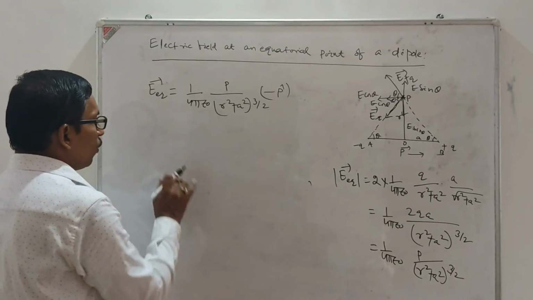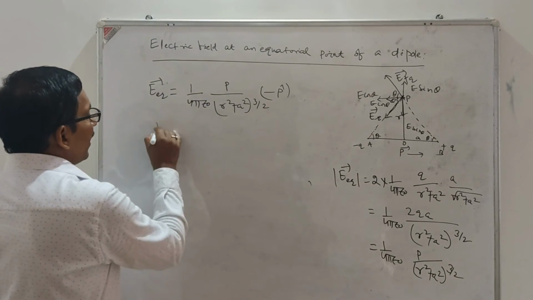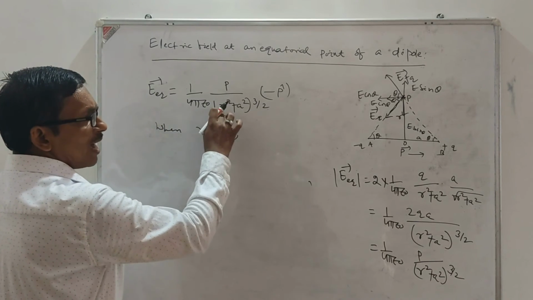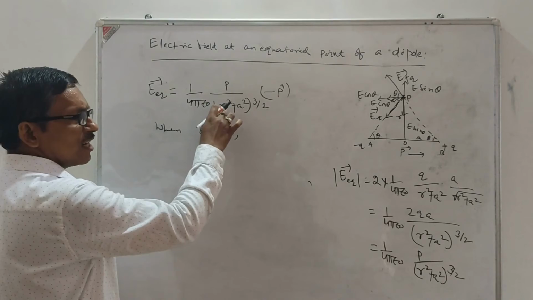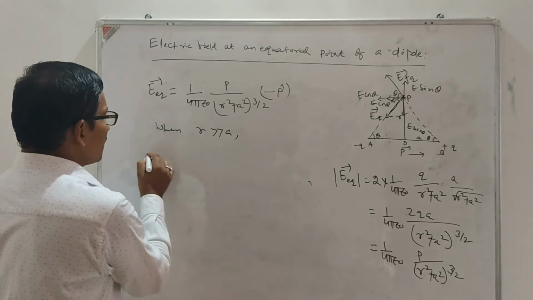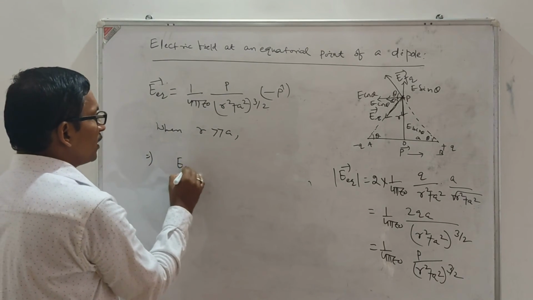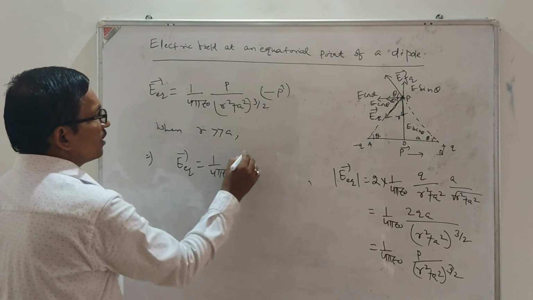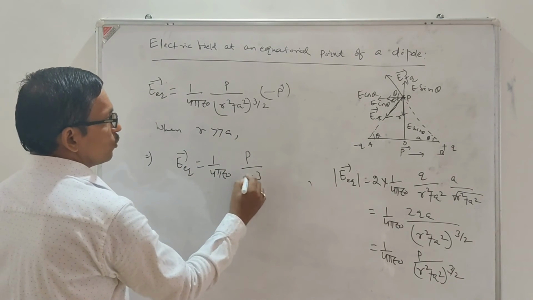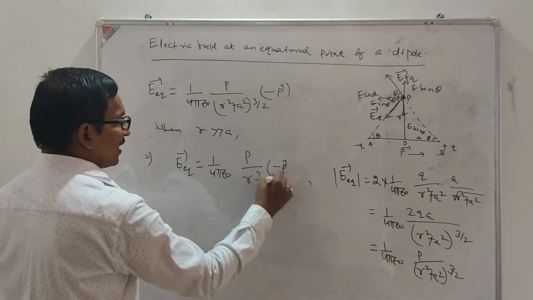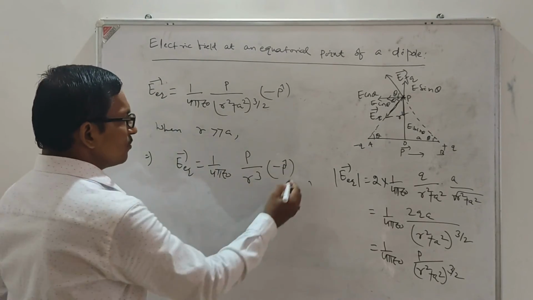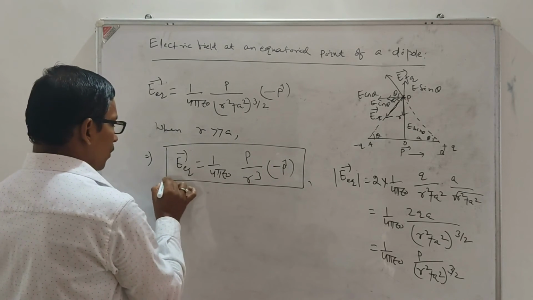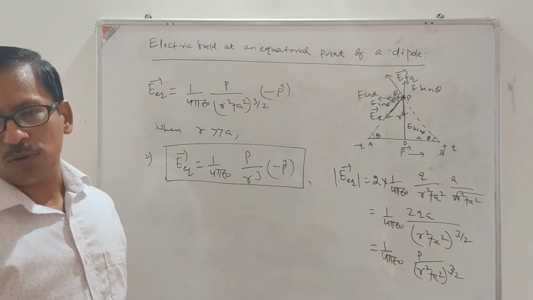For a short dipole, or when R is much greater than A, A can be neglected with respect to R. So this implies E equatorial will be equal to 1 by 4 pi epsilon naught P by R cube times minus P cap. So this is a special case for a short dipole.